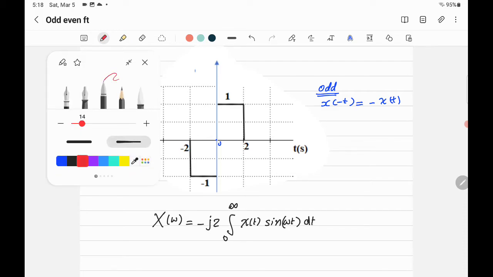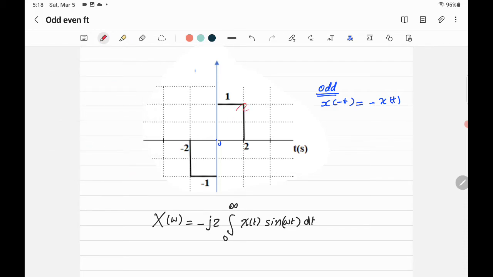Also, if you just look at the reflection of the first half to the right, you will see the reflection about the y-axis here. And then if you make another reflection about the x-axis, you'll find you got it here. So it's like two reflections. If you can do that, it means that it is an odd function.